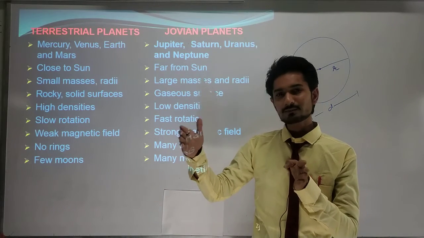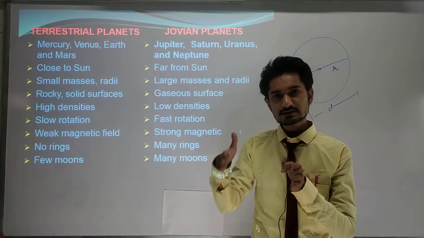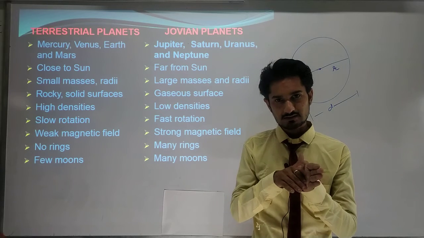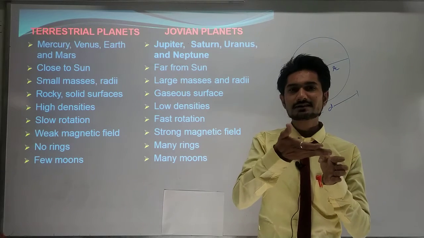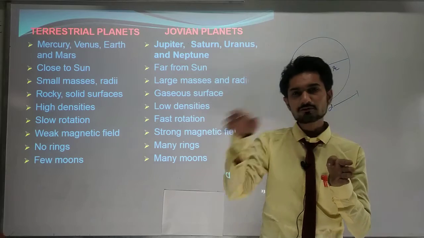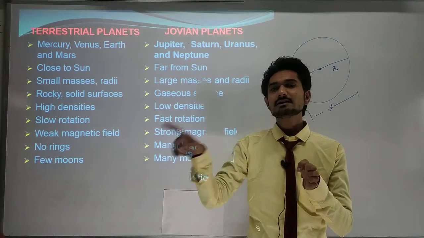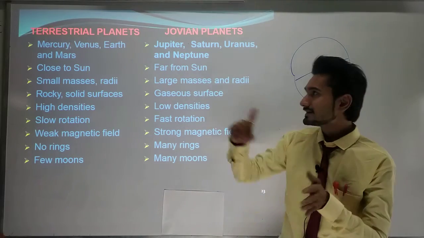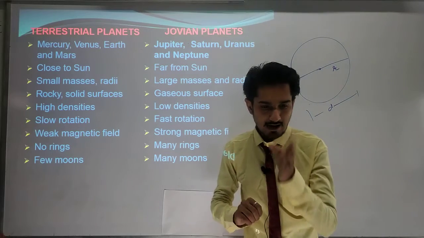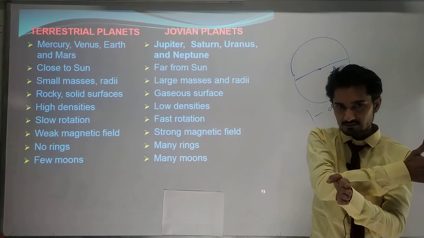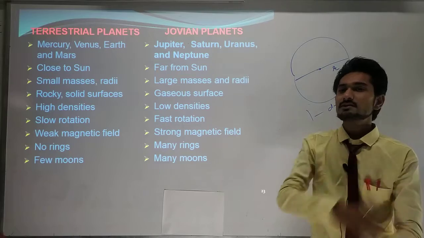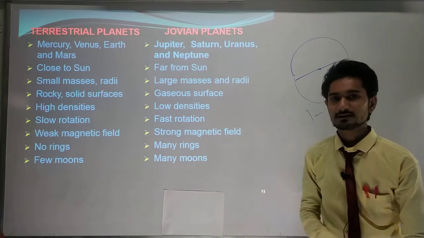It means Mercury, Venus, Earth and Mars. Till the Mars orbit finishes, all the planets before it are called terrestrial planets, and all the planets after the Mars orbit are called Jovian planets.